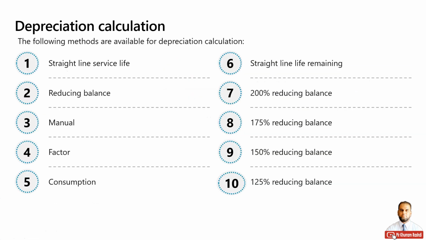So these are various depreciation calculation methods which we can define within a depreciation profile, and that covers almost all the depreciation methods which are available today. Straight line service life and reducing balance are the most common, which are 1 and 2, and then there can be manual, factor, consumption, straight line life remaining, and then 200% reducing balance, 175% reducing balance.